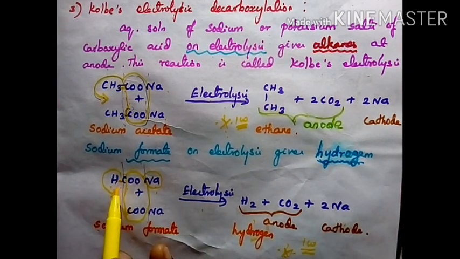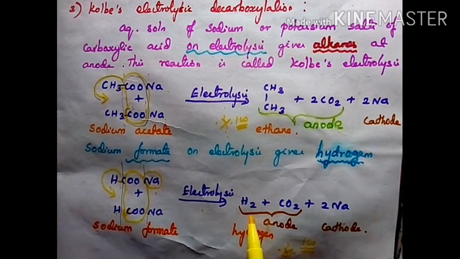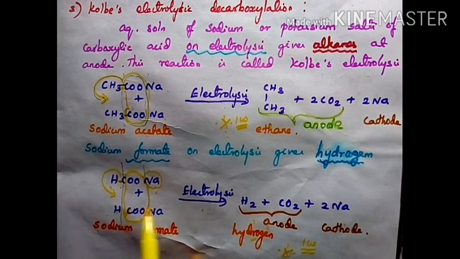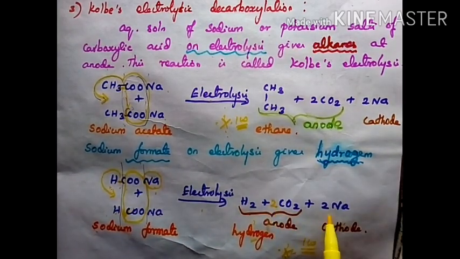The bond between hydrogen and carbon breaks and a new bond is formed between H and H. If any new bond is formed, it has to lose one bond. So carbon dioxide goes out, and H is hydrogen. 2 molecules of carbon dioxide and 2 Na go out.